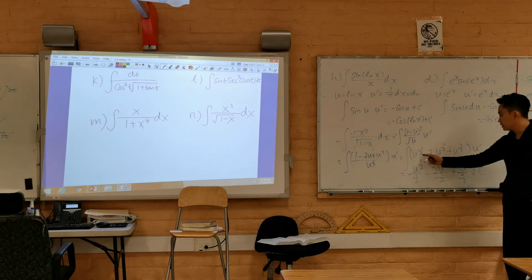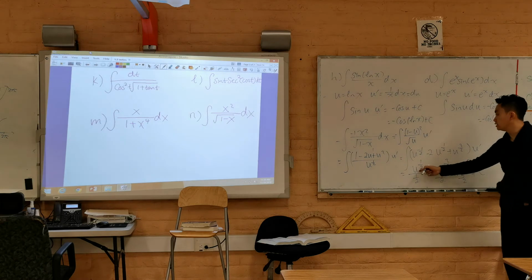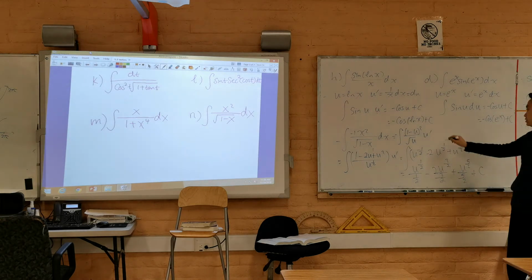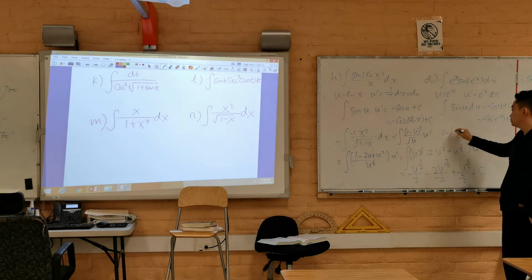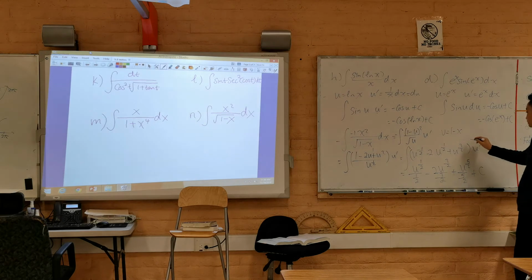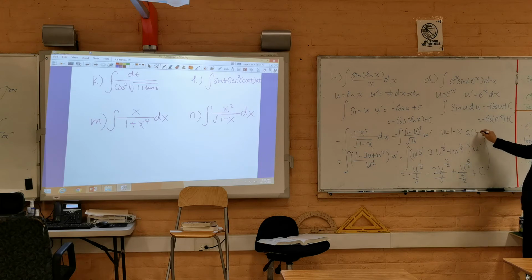So eventually that's going to be the final structure, but don't forget, you need to plug in the original u. So u that we set up originally is 1 minus x. So unplugging this, we got 2 times 1 minus x to the power of 1/2.